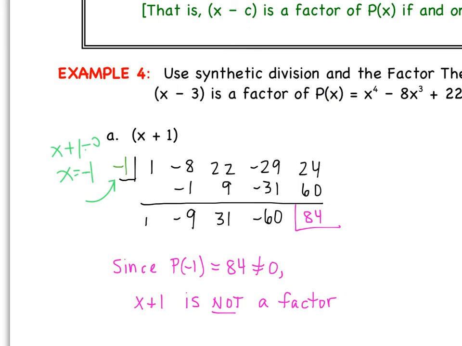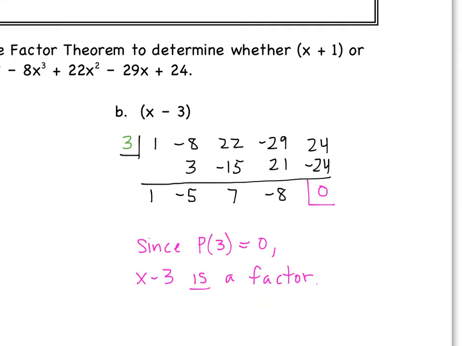I want you to try example B, okay? Go through the synthetic division, see what your c value is, and make your conclusion. Let's check back. This time around, when I want to see if x minus 3 is a factor, remember 3 goes into the corner, and we go through our motions, and what I got was 0 is my remainder.